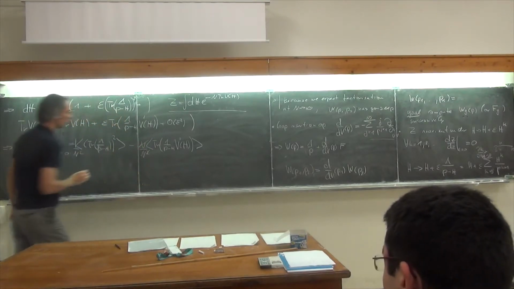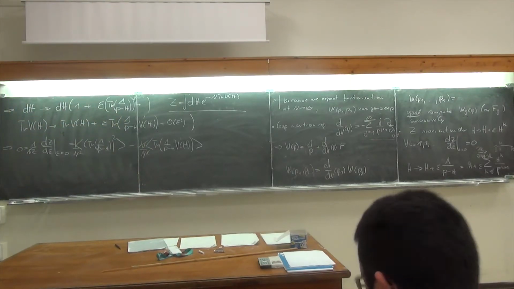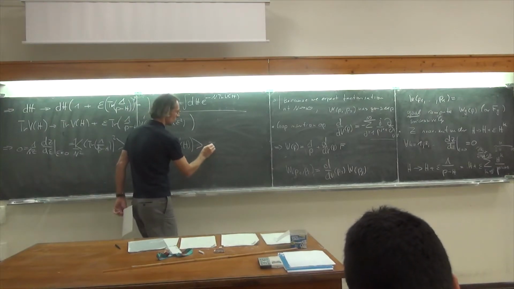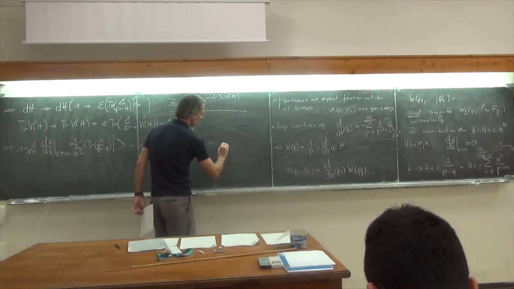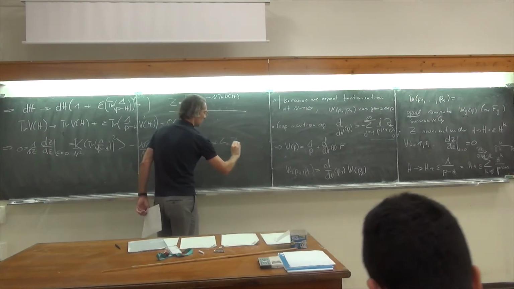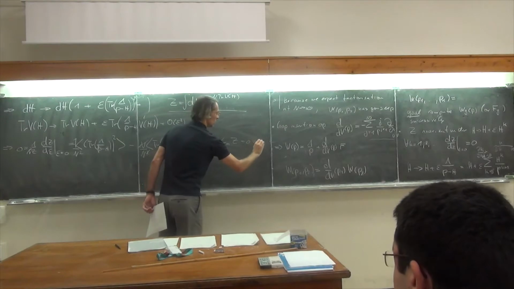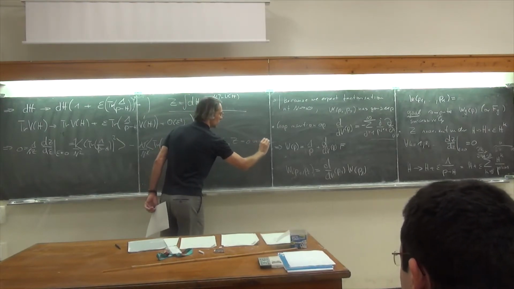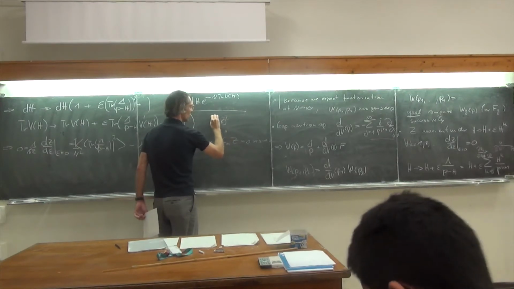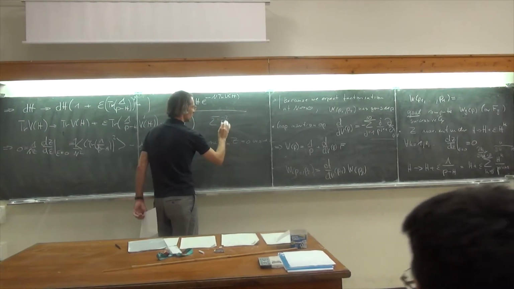Okay. Now, this equation here, as I will show later, is equivalent to the L_0 constraint, and you can use that, where this is given by some second order differential operator.